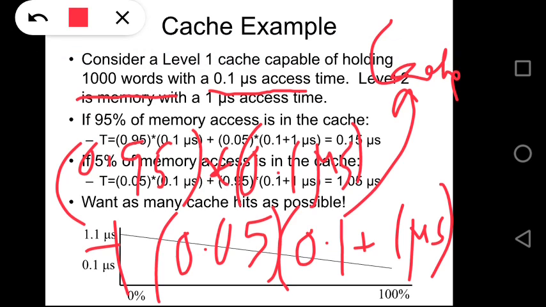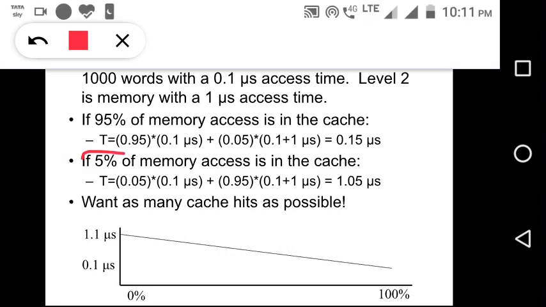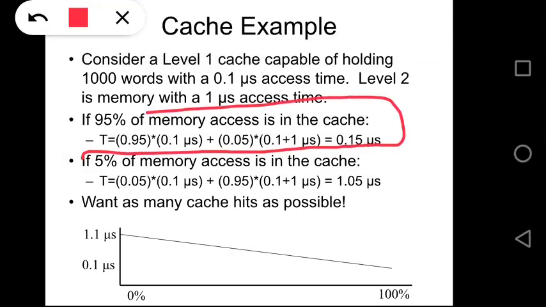If 5% of the accesses miss the cache, then this is the reverse. So we want as many cache hits as possible. This is very important notation from a competitive exam point of view.